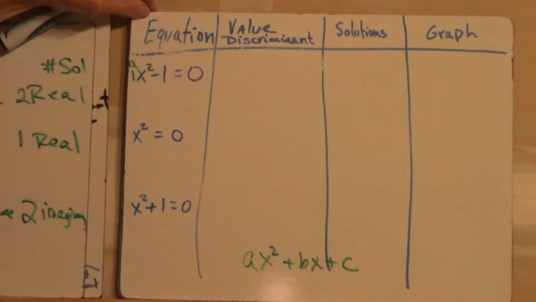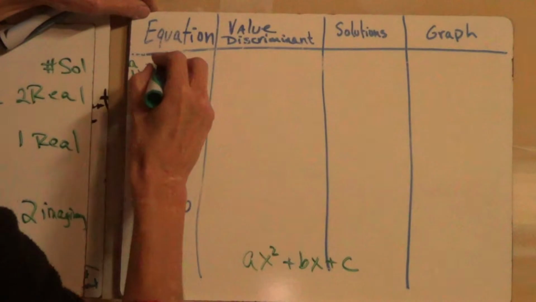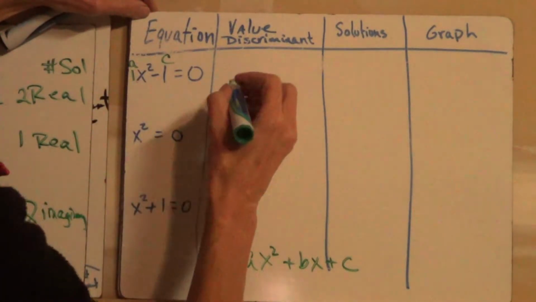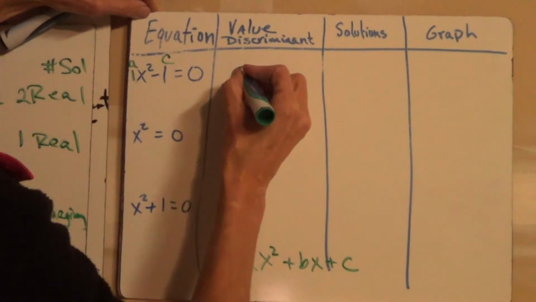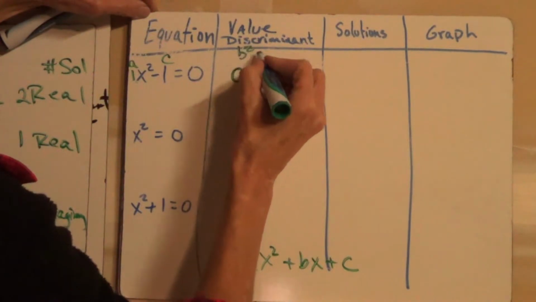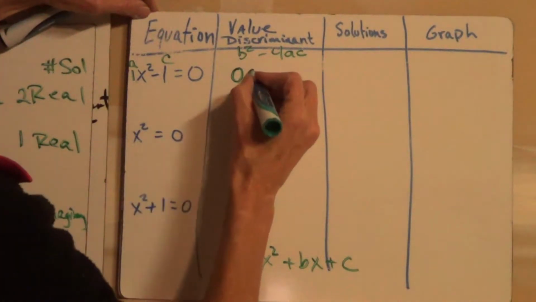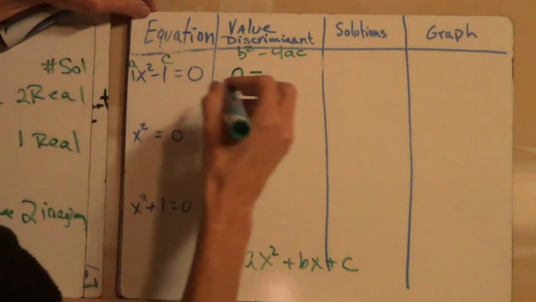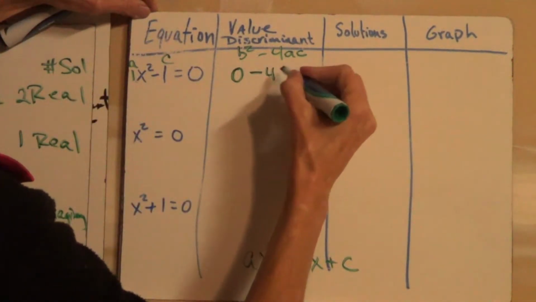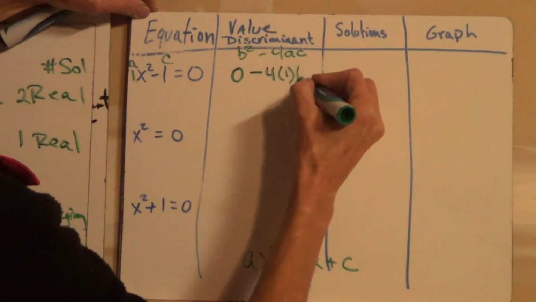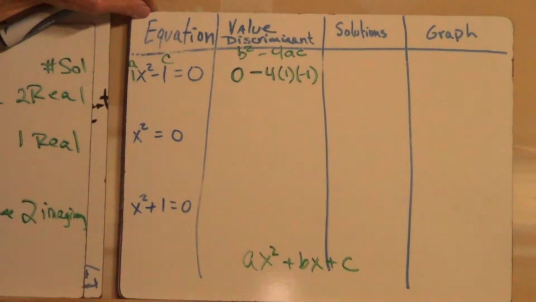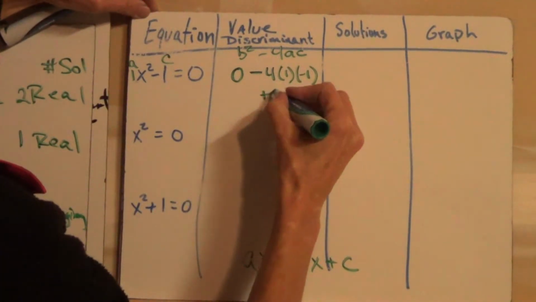There's no x term, so b is equal to 0, c is negative 1. So b squared minus 4ac is 0 minus 4 times 1 times negative 1. It ends up being positive 4.